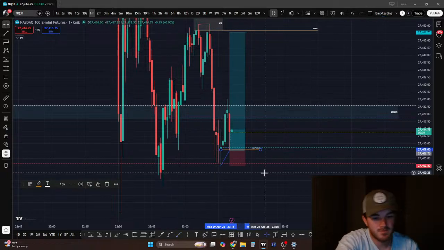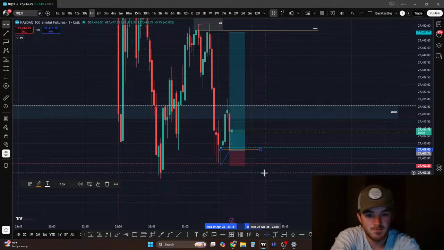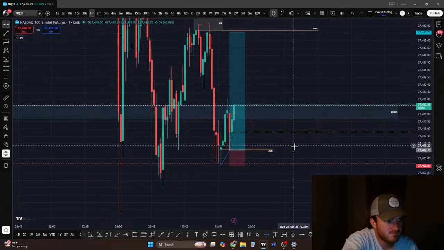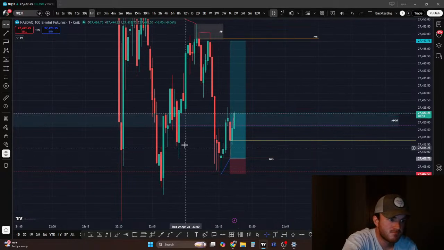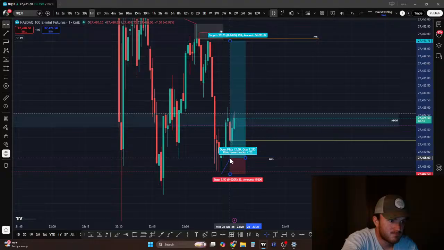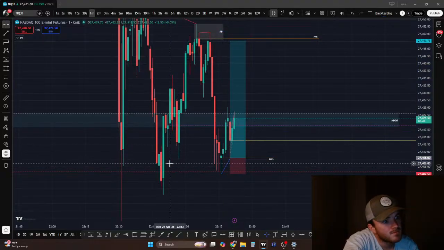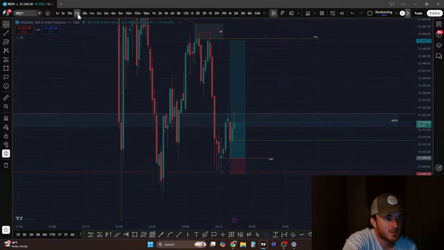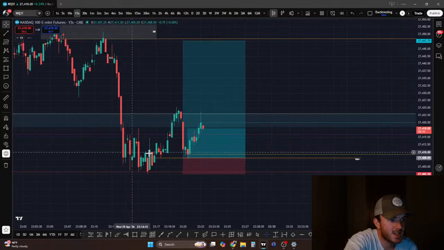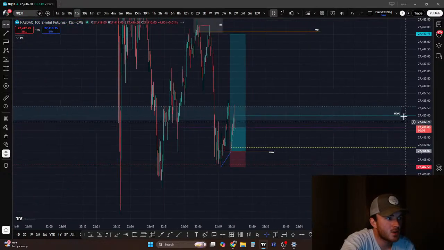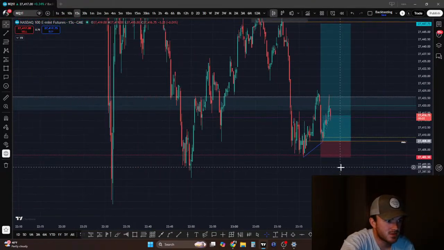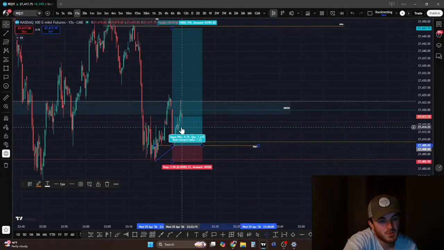I don't know. But I think we could reject this new day opening gap, that's the problem. That is the core problem, right? It might reject this. Kind of just want to watch, honestly.